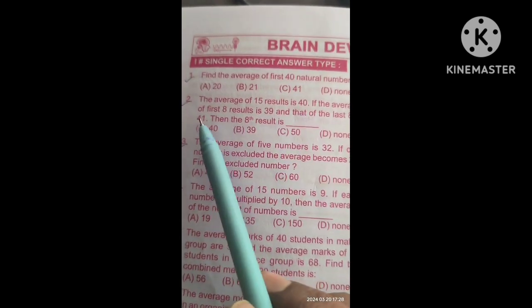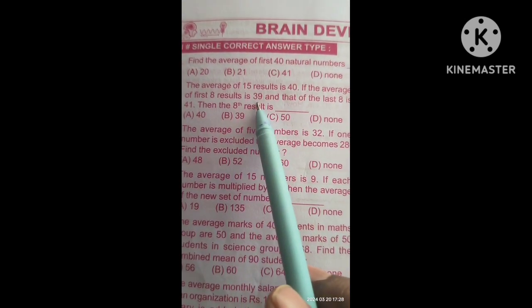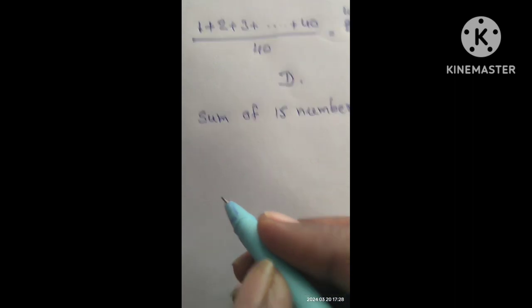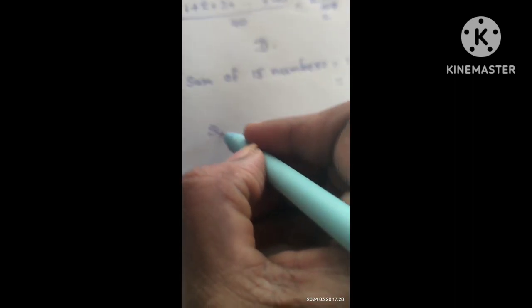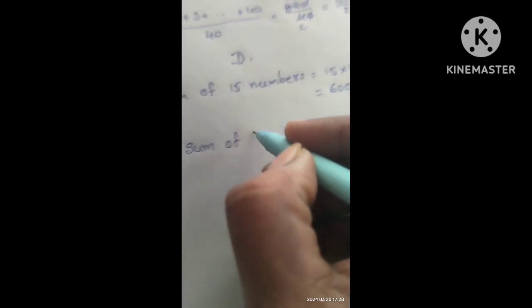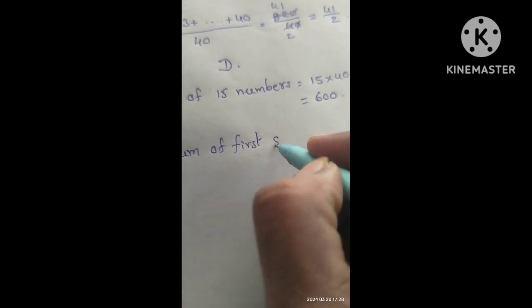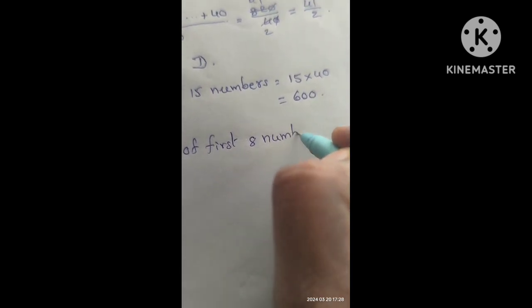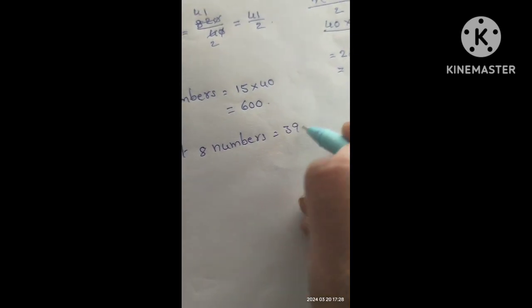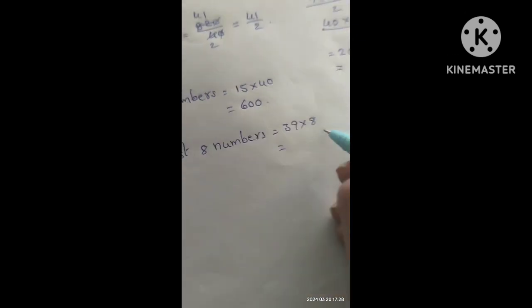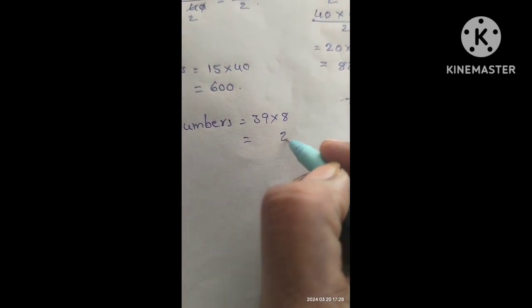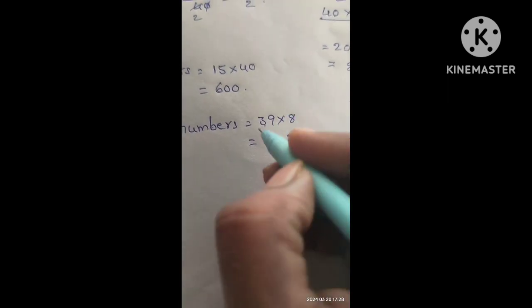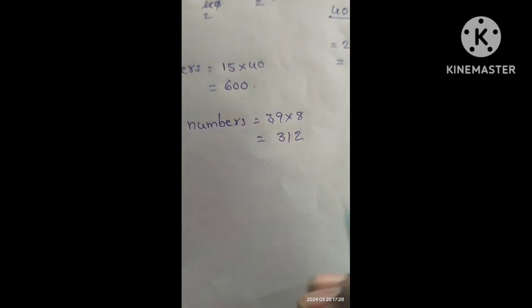And next, in the second line they said the average of first 8 results is 39. Here also we can calculate the sum of first 8 numbers. They said the average is 39, so 39 into 8, its value is 312.